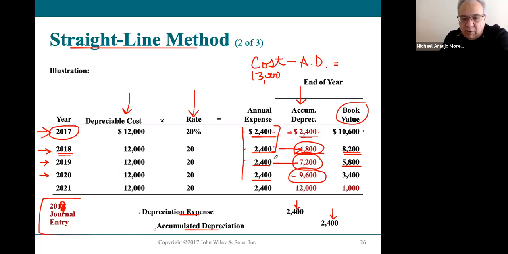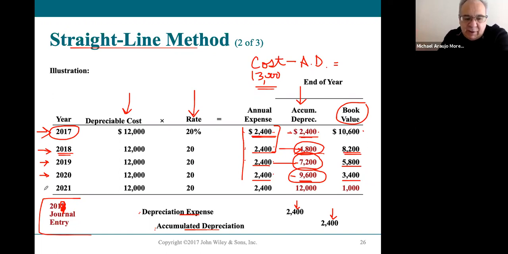That's all 4 of these years added together is the $9,600. You bought a $13,000 truck. After 4 years, you have expensed $9,600 of depreciation. The book value of the truck is $3,400 after the 4th year.